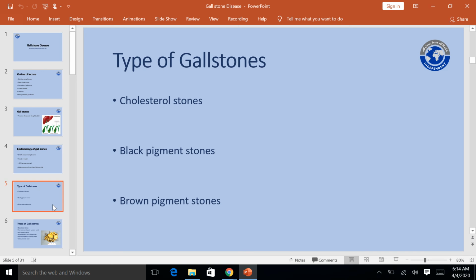There are three types of gallstones: cholesterol stones, black pigment stones, and brown pigment stones. These three are different types which are caused by different reasons, and they have different chemical structures.